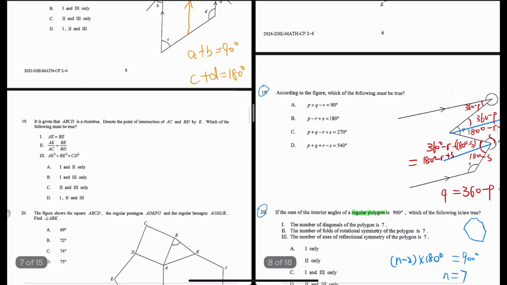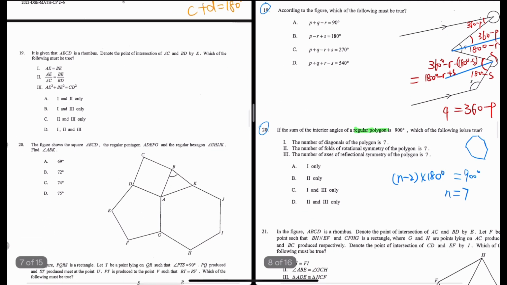Now we have 180, because it's alternate, so this angle equals this one. So this one is 180 minus (R plus S). Now you have the relationship of all of P, Q, R, S. So P equals 360 minus P plus 180 minus (R plus S). Change the position, and you will have D as the correct answer.